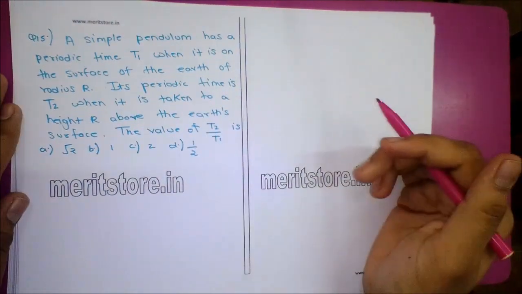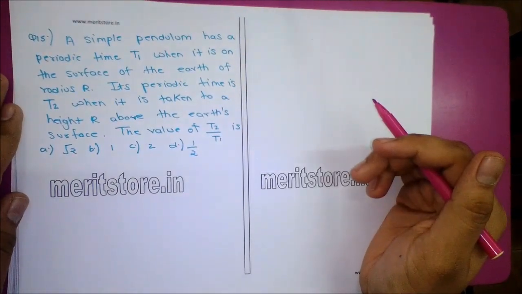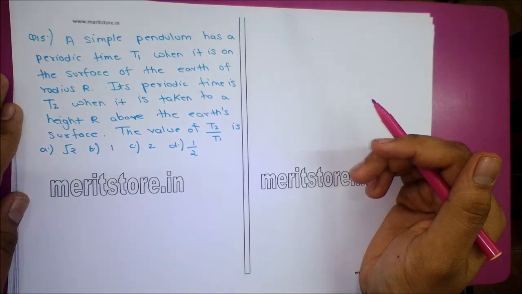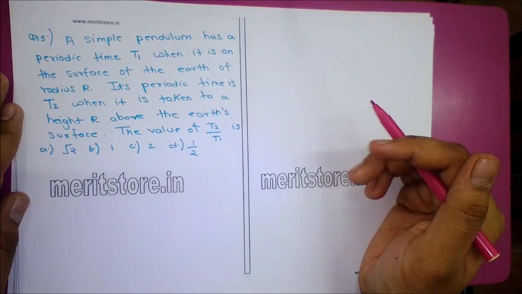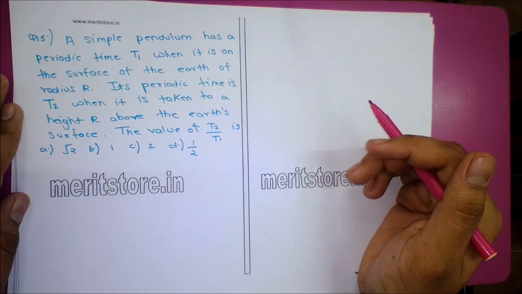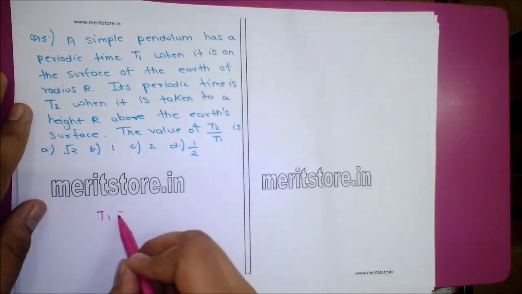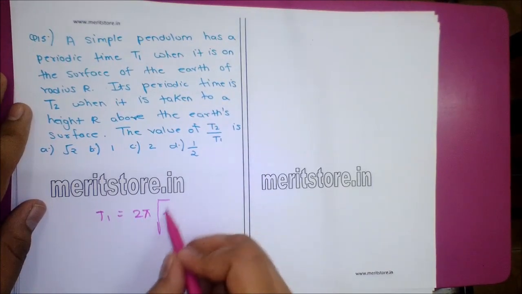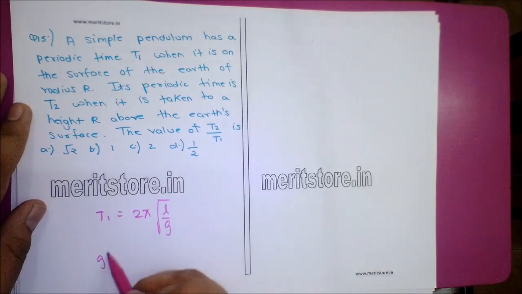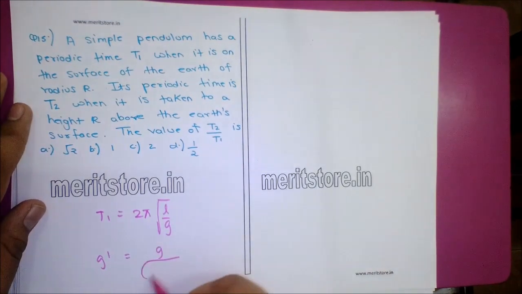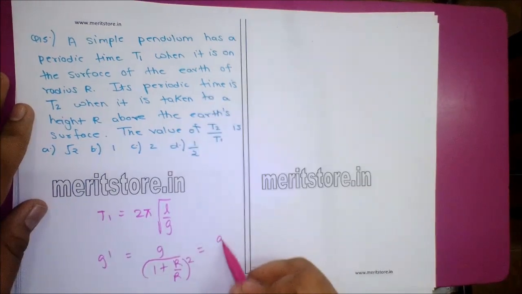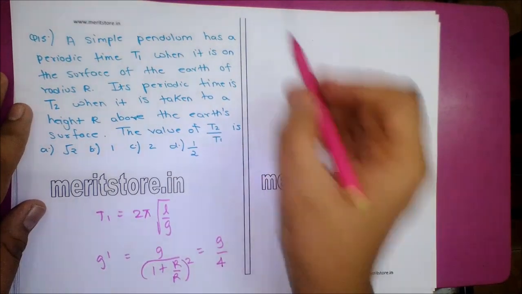Question 15. A simple pendulum has a periodic time T1 when it is on the surface of the earth of radius R. Its periodic time is T2 when it is taken to the height R above the earth's surface. The value of T2 to T1 is. Now to solve this question, we know T1 is equal to 2 pi square root of L by g. g dash is equal to g upon (1 plus R upon R) square, which is equal to g by 4.